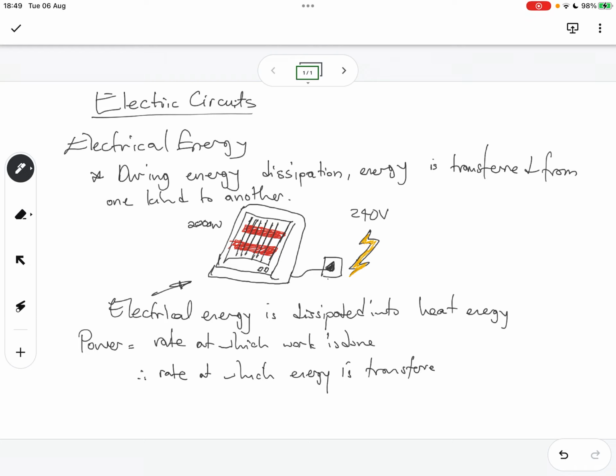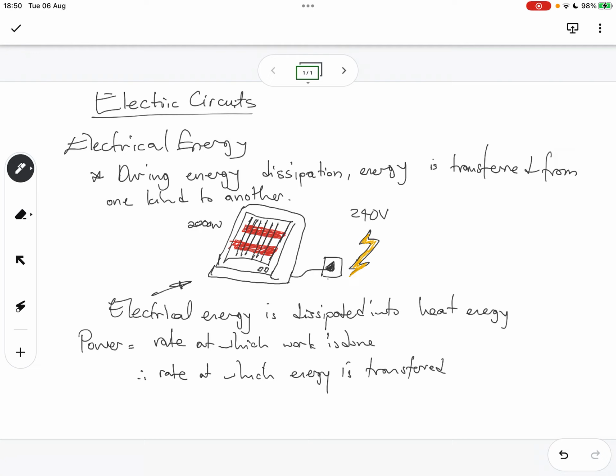Right? So that's what we have from the discussion so far. But now we also identify another fact. If we want to calculate the total amount of energy, then we need to multiply the rate of energy transfer, so in other words, the power, by the time over which that energy transfer took place.